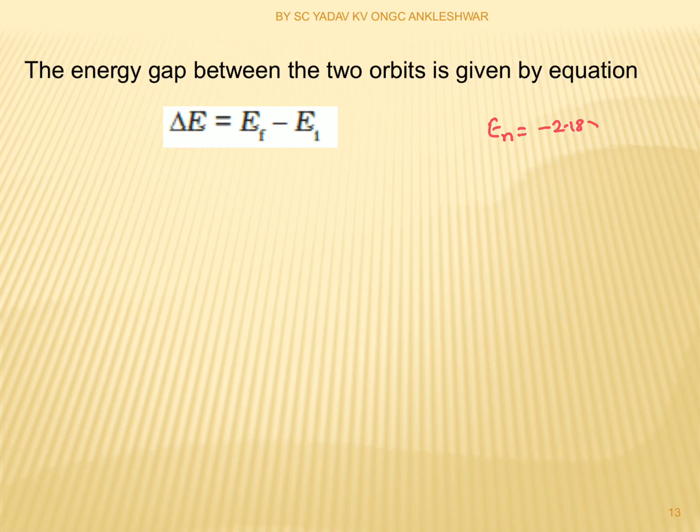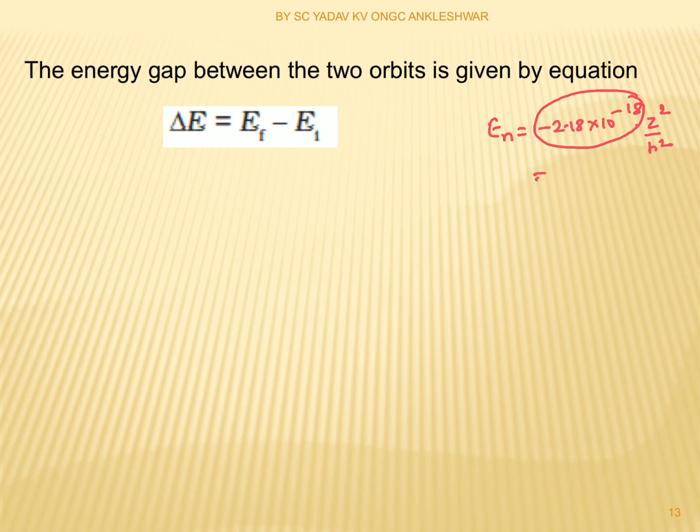Now apply the energy formula we have studied: En is equal to minus 2.18 into 10 to the power minus 18 Z square by n square.